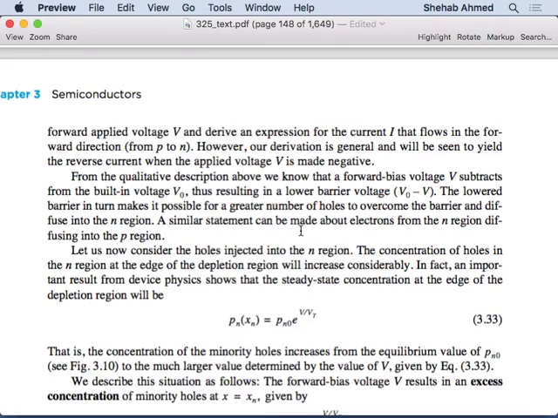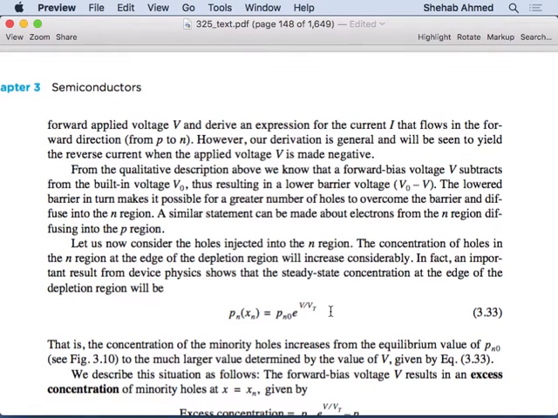Since the concentration is like an exponential function, we will find that the diffusion current, the current due to such charges moving, depends on the concentration. The magnitude of the current depends on the concentration, so it's like multiplying a fixed number by this concentration.